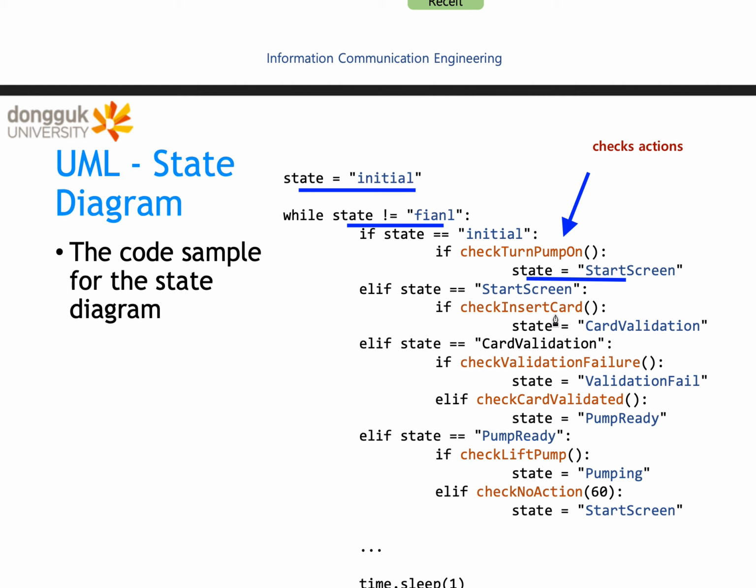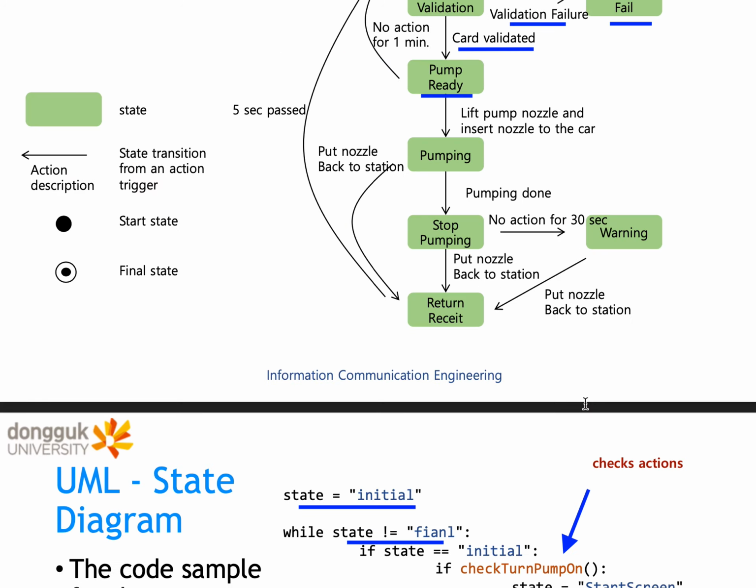If the current state is a start screen and we check insert card, and maybe check card is inserted, then the state becomes card validation, okay? Card validation state failed or validated, then maybe the state will be changed here, okay? So this is how you start coding using state diagrams.